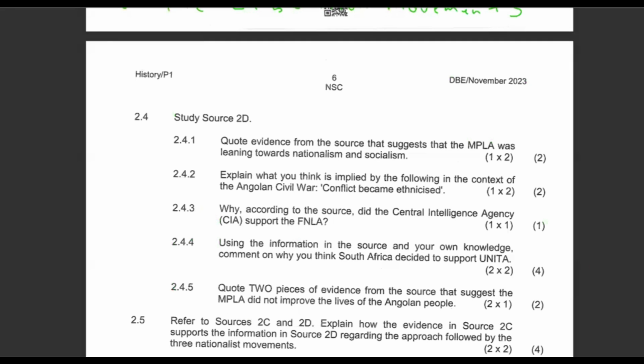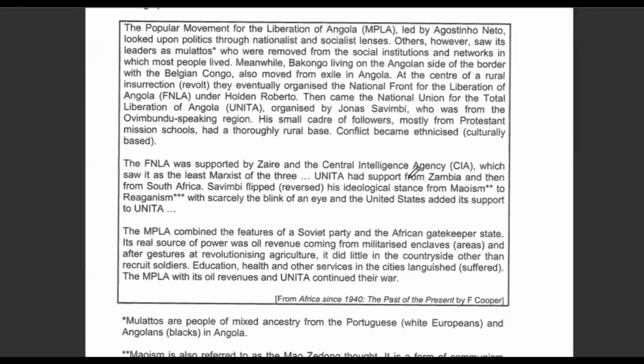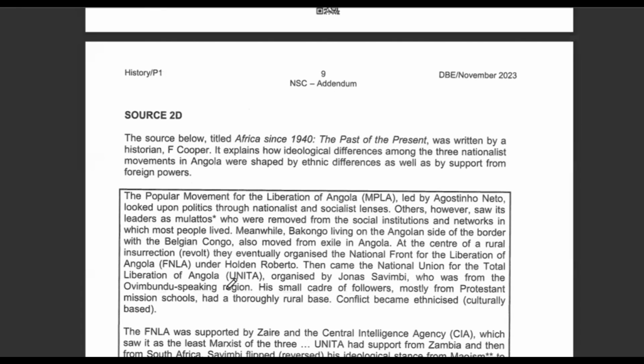Now, moving on to the next question, 2.4. When you move on to 2.4, it requires us to study source D. All right, source D. Let's have a look at source D. Source D is a source titled Africa since 1940.